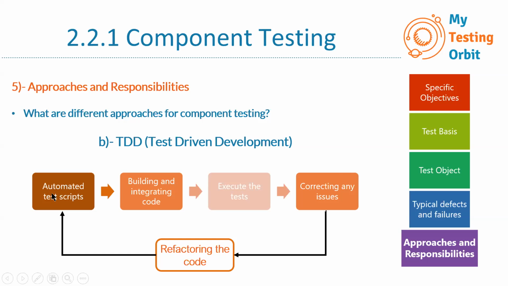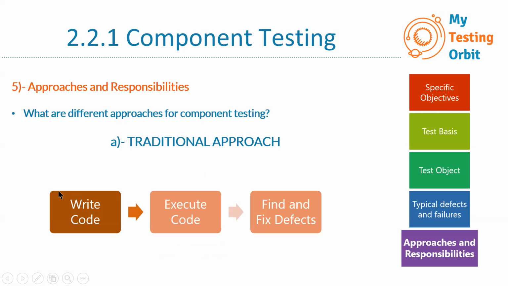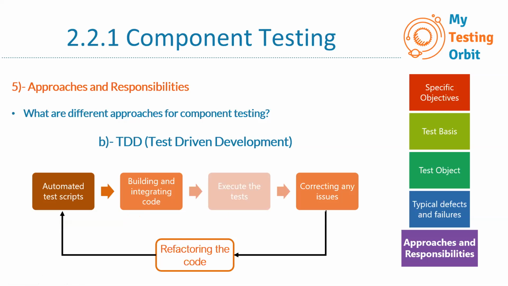So if we just go through this once again, the automated test scripts are basically written by the tester. Which means that instead of the approach where the developer writes the code, executes it, finds and fixes the defects, and later in system testing a tester sees the code for the first time and tests it, over here a tester is part of that activity from the beginning.